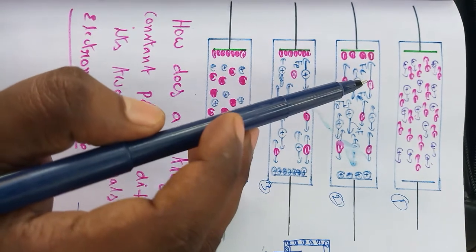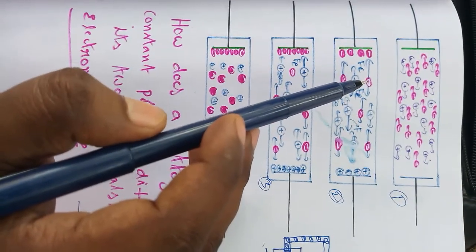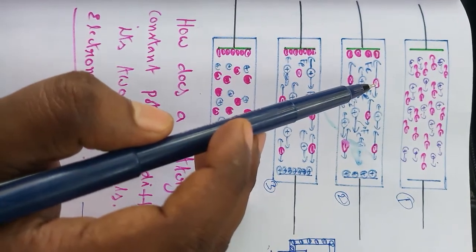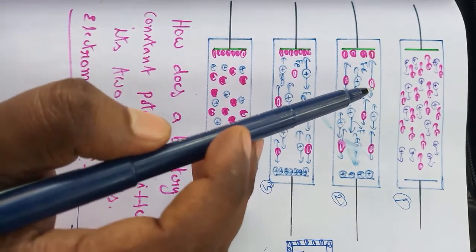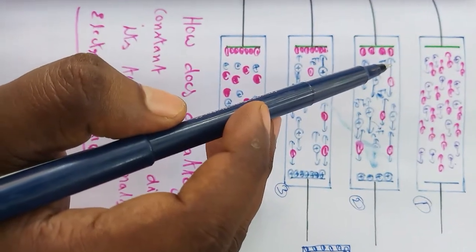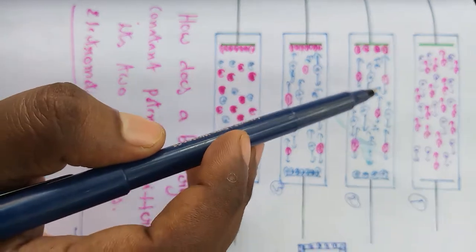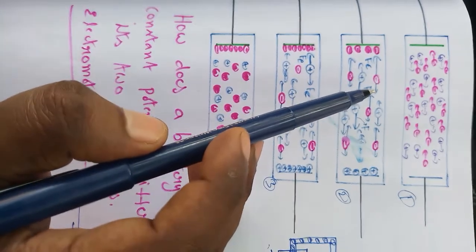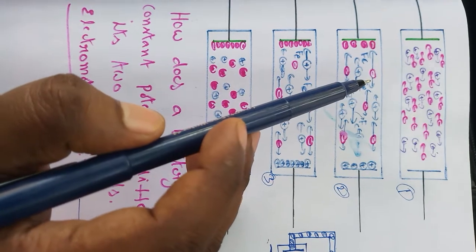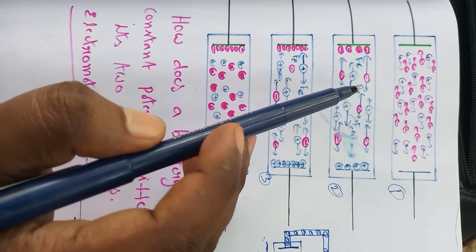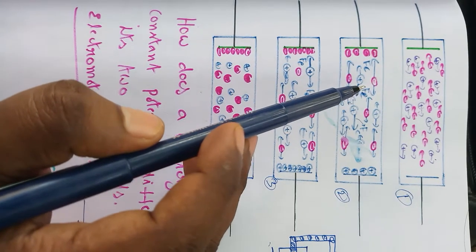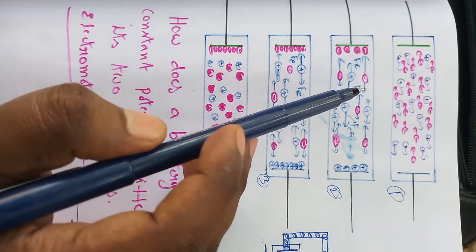One is the chemical force, which is bringing the negative ion towards one plate. Opposite to the chemical force there is another force, called the electrostatic repulsive force.